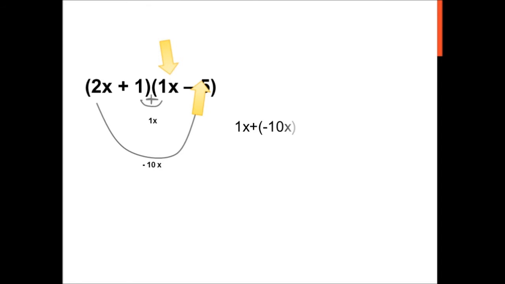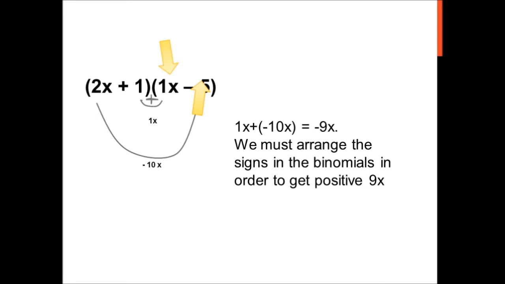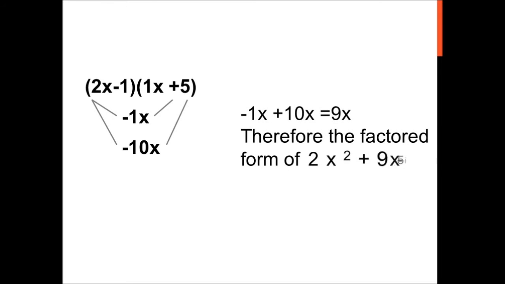When you add these two together, they must equal the middle term, which was 9x. We must arrange the signs in the binomials in order to get positive 9x. Therefore, the factored form of 2x squared plus 9x minus 5 is 2x minus 1 times 1x plus 5.